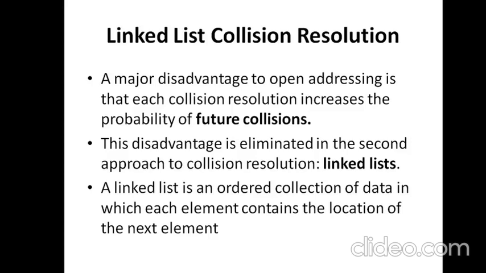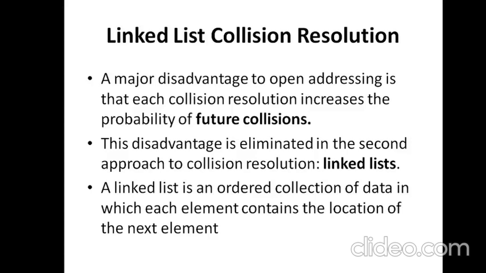The reason that linked list resolution is suggested is that all the collision resolution algorithms have the potential of creating secondary collisions. When you do collision resolution for the first case and we reposition the value into a new address, some other value may have to be stored in that particular address and it may collide because of this collision resolution.